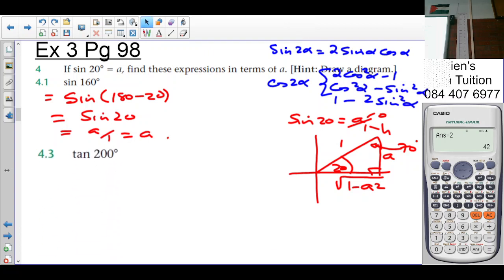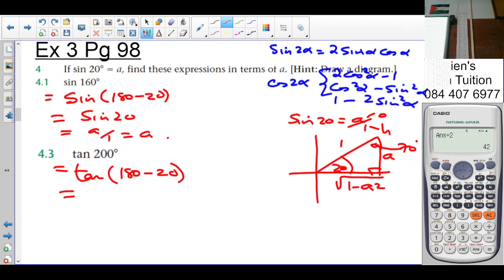Next one. Then 200. Which quadrant is 200 in? Quadrant 3. How do you get quadrant 3? 180 plus 20. Is tan positive or negative in the third quadrant? Positive.